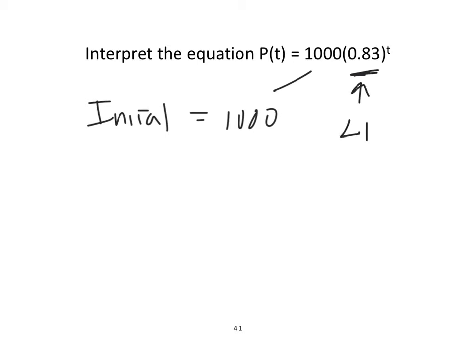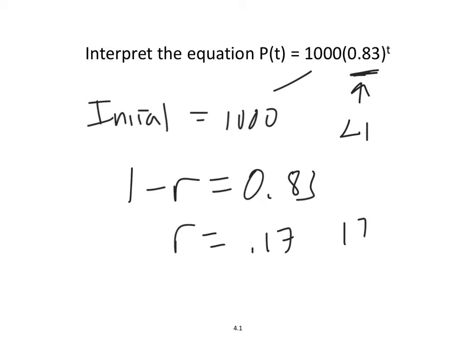If it was more than 1, it would be growth. So how do I find the rate? Well, I know 1 minus the rate, because it's the decay model, has to equal 0.83. So if I subtract 1 and then divide by the negative, don't I get 0.17? So a 17% decay rate.